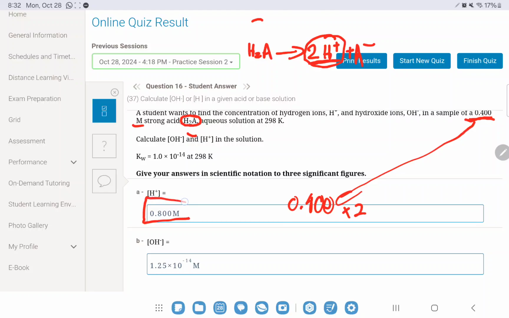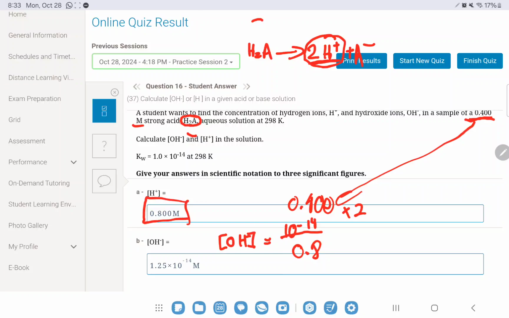Now, using our H value, we're going to find the concentration of OH, which equals 10 power negative 14 over the concentration of H, sorry. H plus here is OH minus here. So we're going to replace this by 0.8.